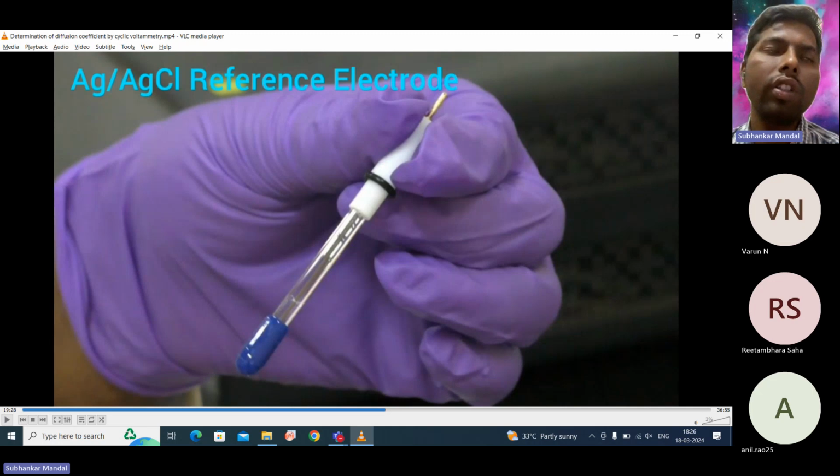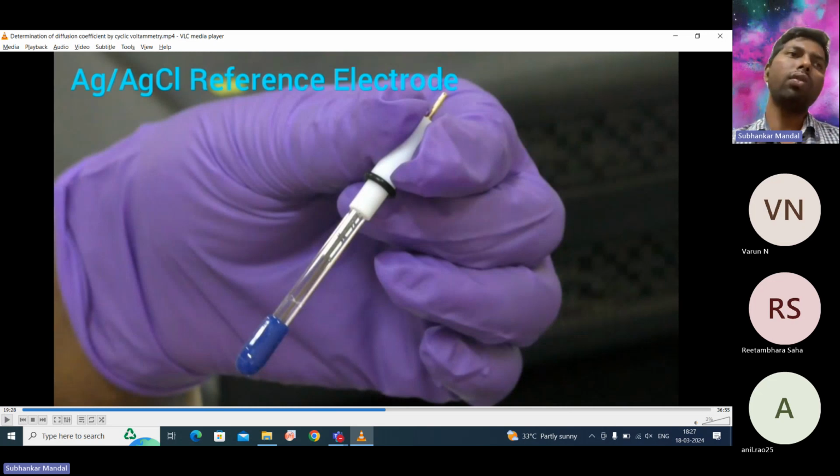The silver chloride reference electrode potential depends on the concentration, or activity, of Cl minus. For Ag/AgCl, the reference potential is 0.197 volt with respect to the standard hydrogen electrode.